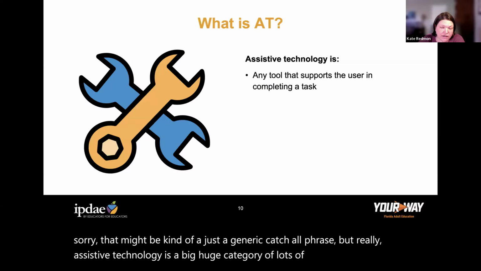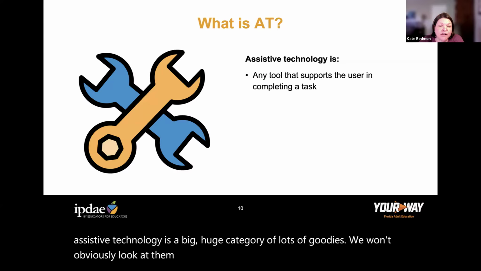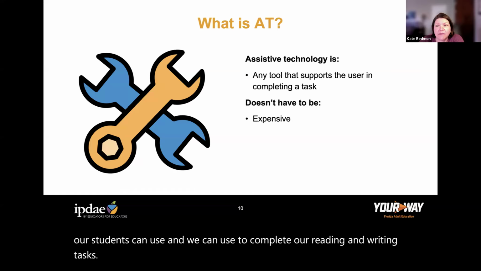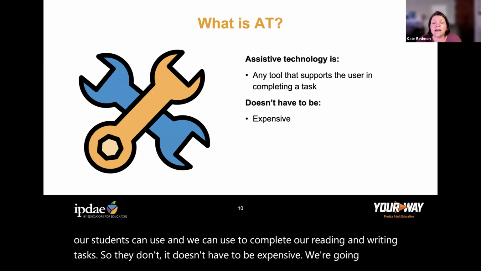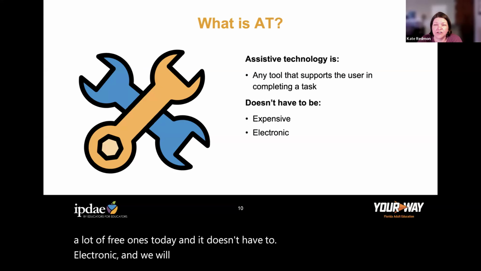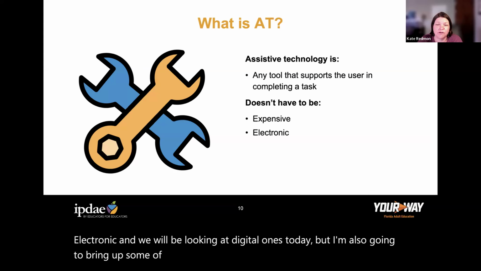We won't obviously look at them all today, but there are so many different tools that our students and we can use to complete our reading and writing tasks. It doesn't have to be expensive. We're going to look at a lot of free ones today, and it doesn't have to be electronic. We will be looking at digital ones today, but I'm also going to bring up some of the good old-fashioned handheld ones as well.